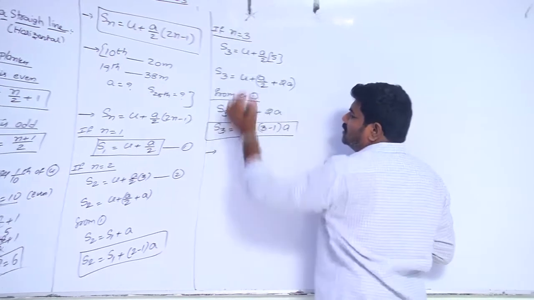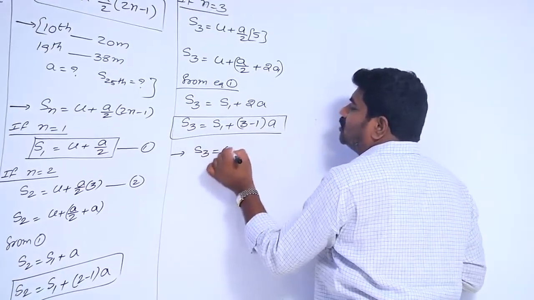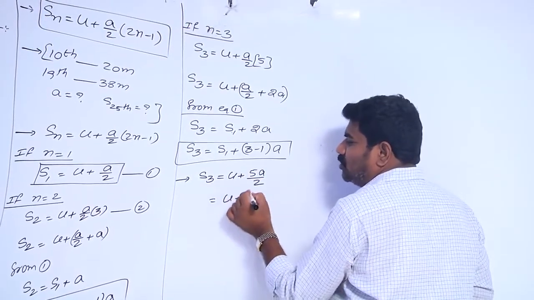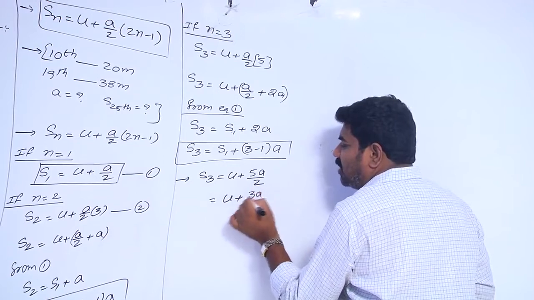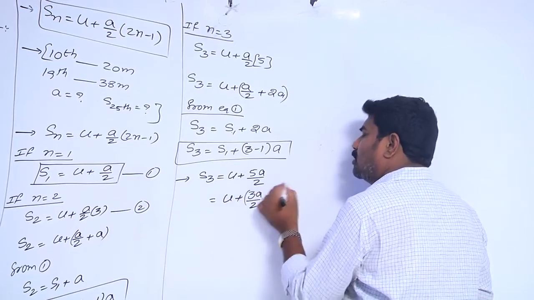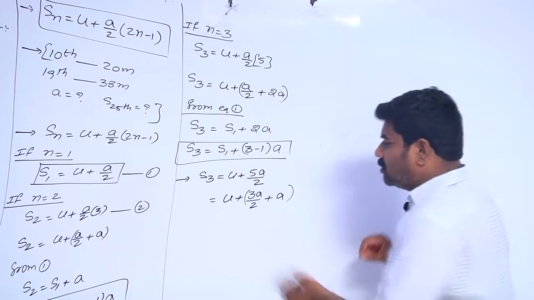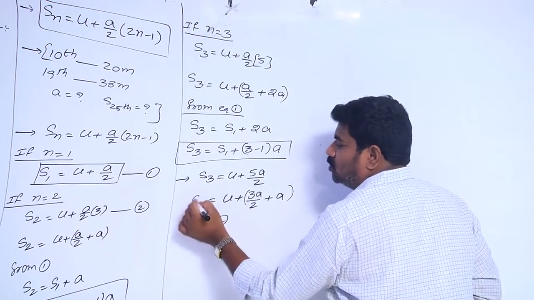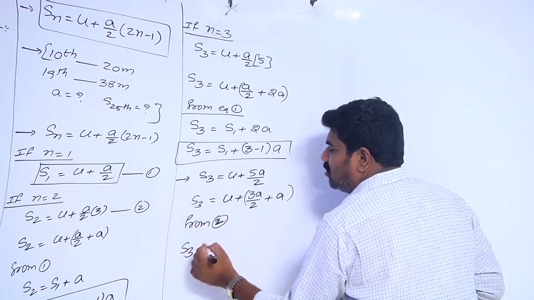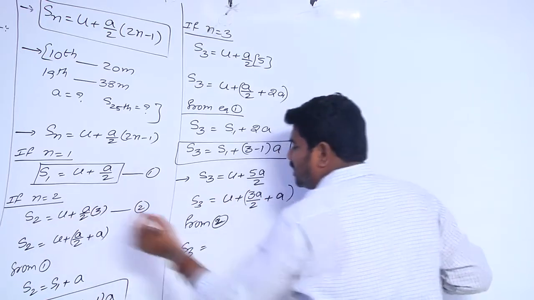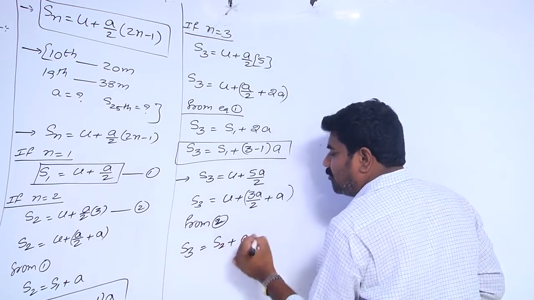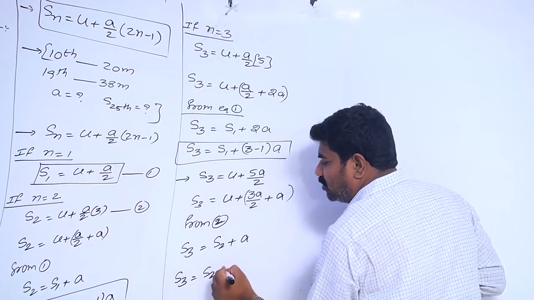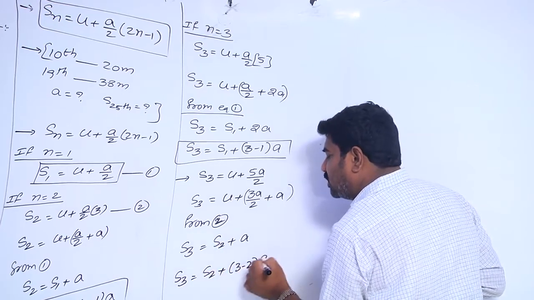Or S3 is equal to u plus 5a/2. It is also written as u plus 3a/2 plus a, which is 5a/2. From equation 2, u plus 3a/2 is S2, so S3 is equal to S2 plus a, or S3 is equal to S2 plus (3 minus 2) into a.